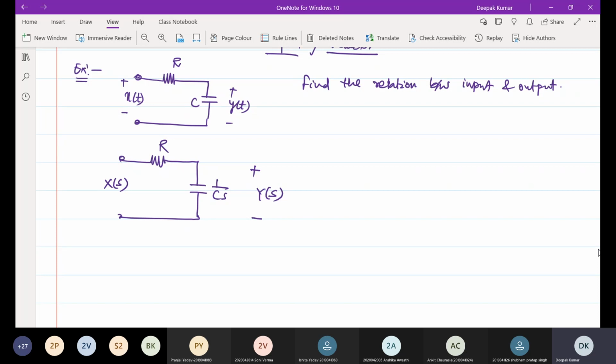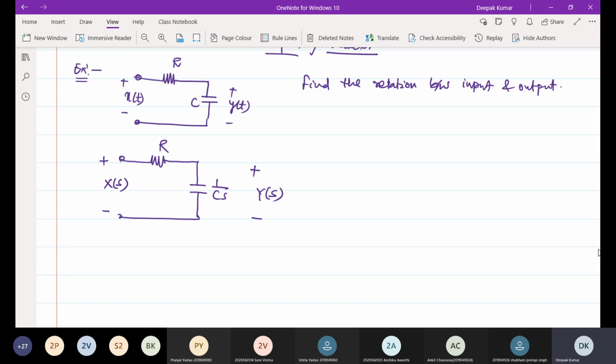Now you can derive a relationship between Y of S and X of S. The voltage division formula is applied here. The total voltage across the resistor and capacitor is applied as input, which is X of S, and the voltage across the capacitor is the voltage division between the resistor R and the capacitor.